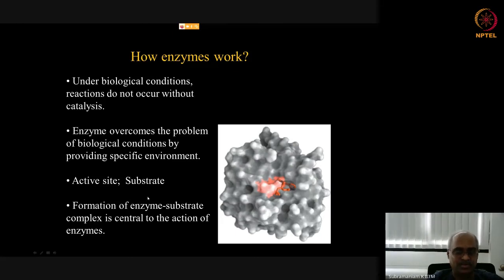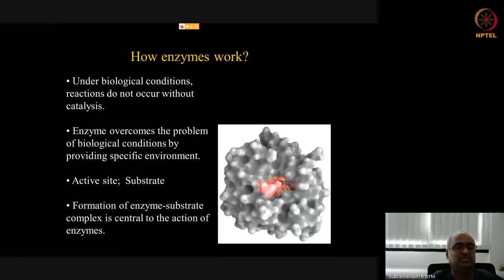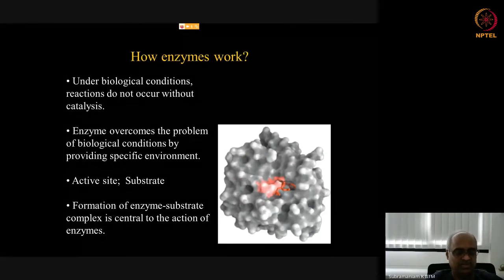Then comes the formation of the enzyme-substrate complex. That itself is a concept: the idea that the substrate and the enzyme actually form a complex. We need to first remember that.